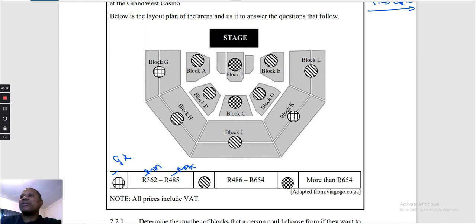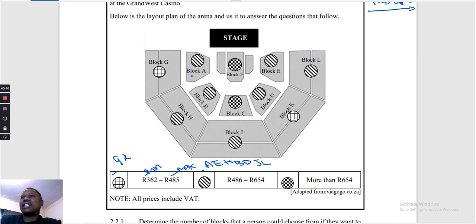So when we go to the next one, we have this one, which is shown in block number A, number E, number H, number B, number D, number J, number L. See how many are there? 1, 2, 3, 4, 5, 6, 7.